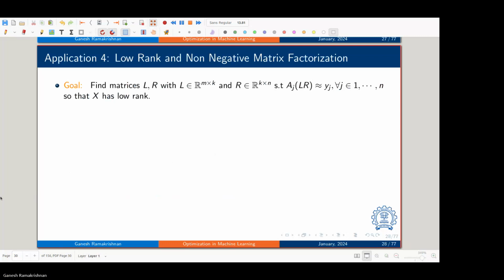What we took then was y_j minus some a_j times x, right? But this x is now going to be replaced with LR.